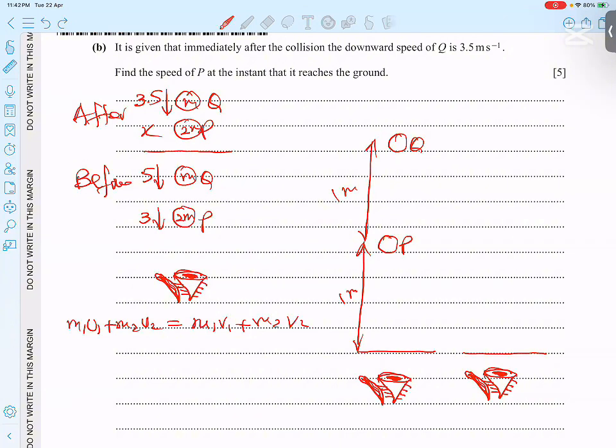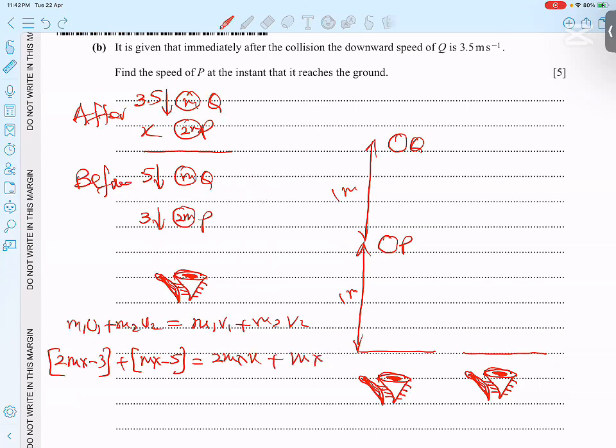So let's apply before collision. Before collision, the values are: mass 2m into -3, and the second is mass m into -5. After collision: mass 2m into x, and mass m into -3.5.